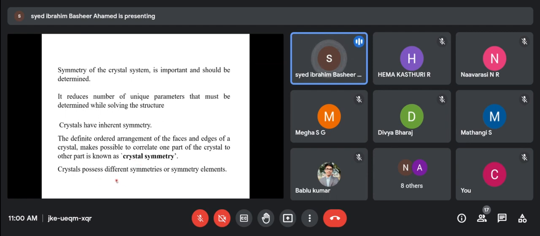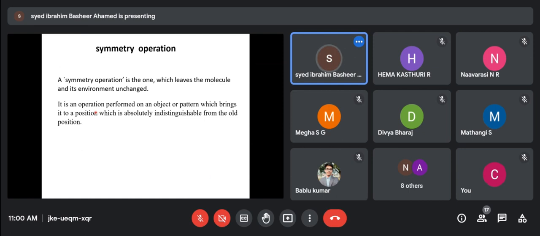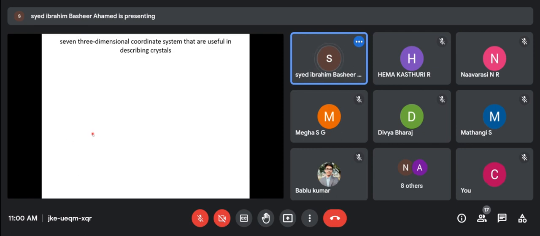Crystals possess different symmetries or symmetry elements. A symmetry operation is one which leaves the molecule and its environment unchanged. It is an operation performed on an object or pattern which brings it to a position which is absolutely indistinguishable from the old position.